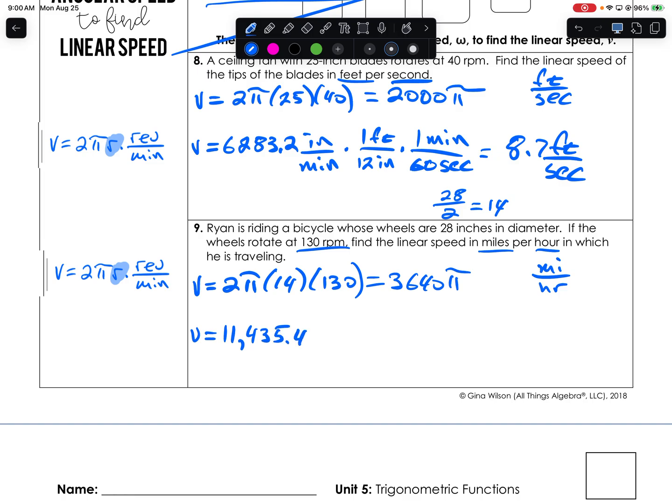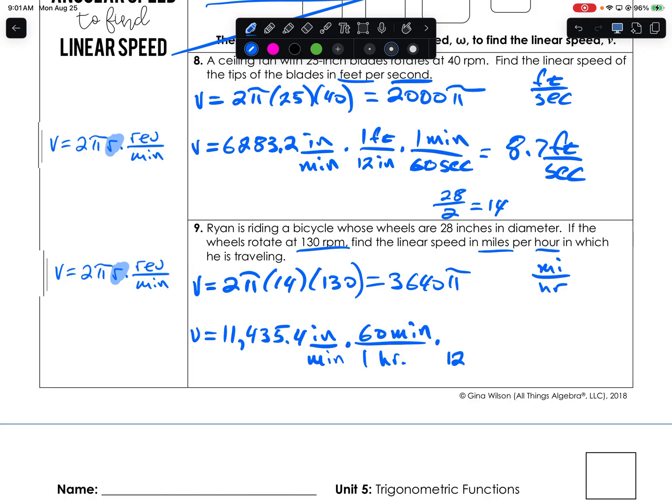So inches per minute for the initial units. So if we do 60 minutes in 1 hour, because we want hours on the bottom, and then we have to do feet to inches.